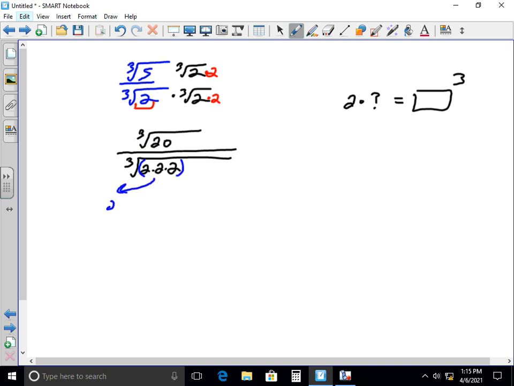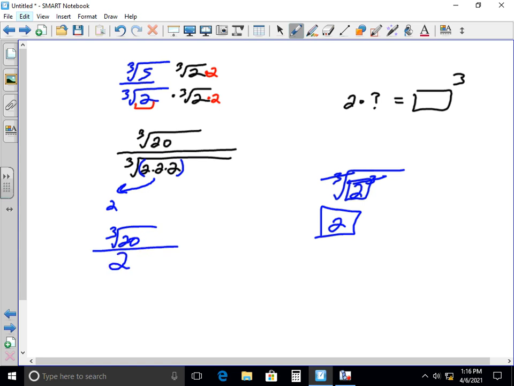So when we put it on the outside, it'll be a 2. It's the 8 that comes out, but we put a 2. Because when we have 2 cubed underneath, the cube root and the cube cancel, leaving us the 2. So on the top, we're left with a cube root of 20. On bottom, 2.